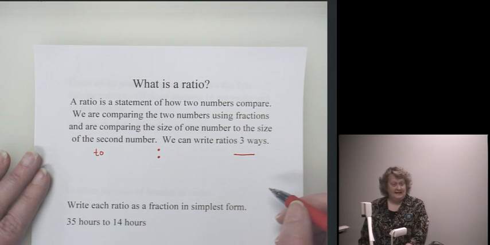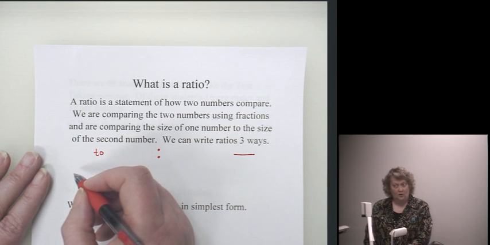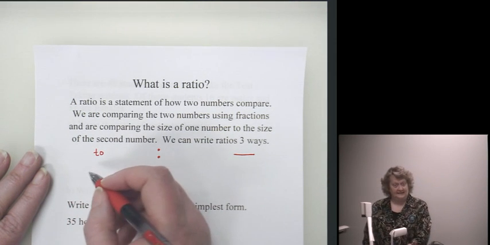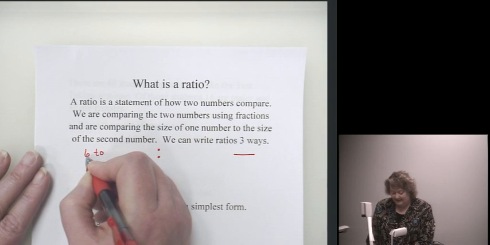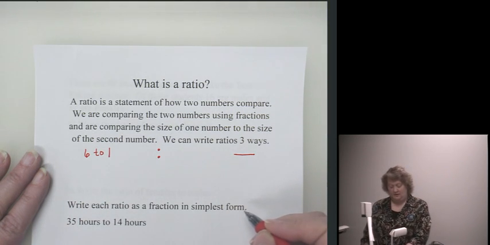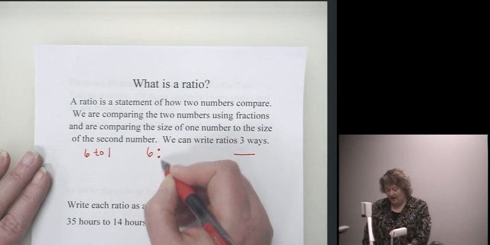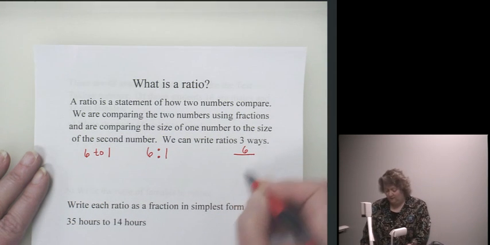If in a daycare there is a standard that there has to be one teacher to 6 children, then we would say 6 to 1 ratio, or 6:1, or 6/1.